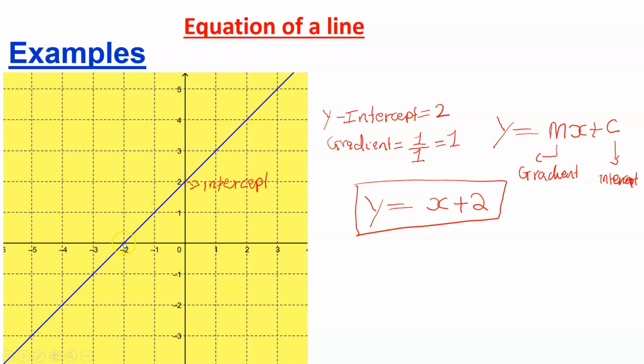This is how you find the equation of a simple line. The two golden numbers that you need are the y-intercept and the gradient. And as you will see throughout this course, we're going to use those two numbers whenever we want to get an equation of a line.